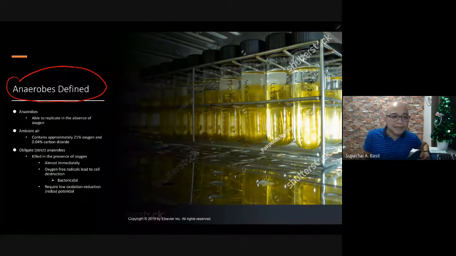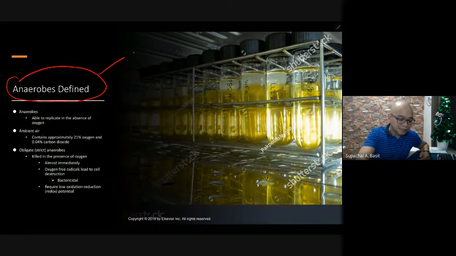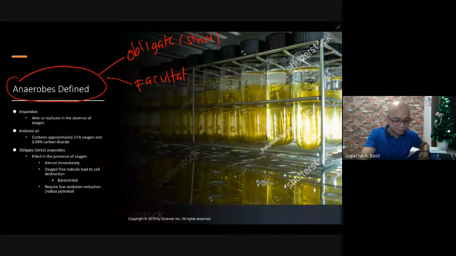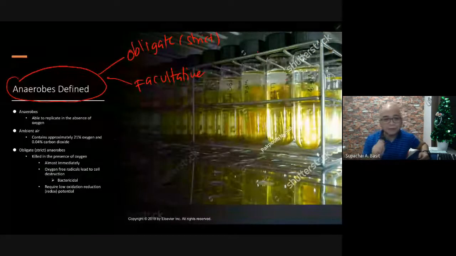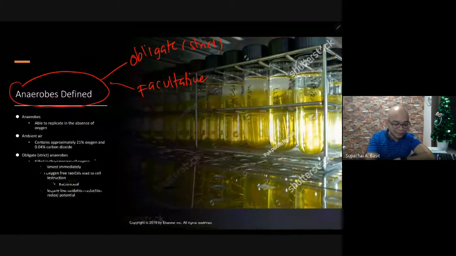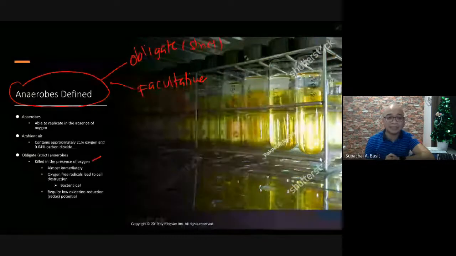There are two types of anaerobes. Some anaerobes are said to be obligate. When we say obligate, they are actually strict. Some are actually facultative. When we say obligate, they are killed in the presence of oxygen almost immediately.